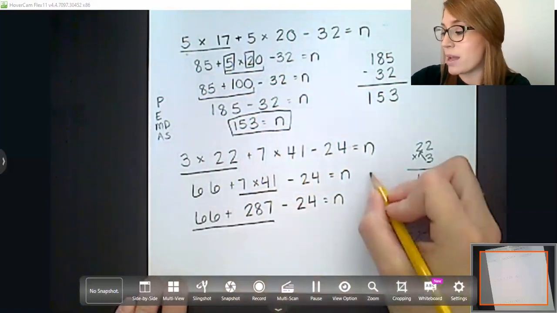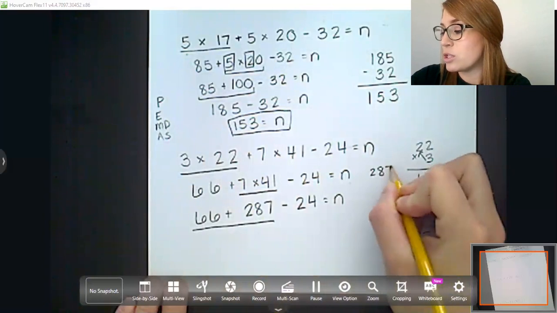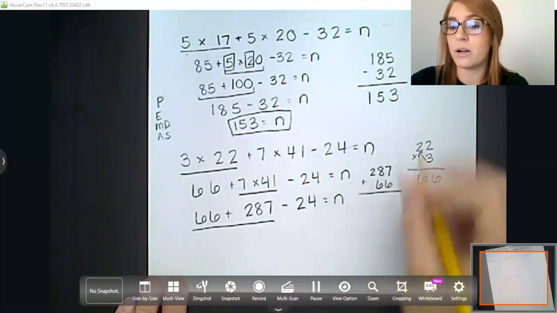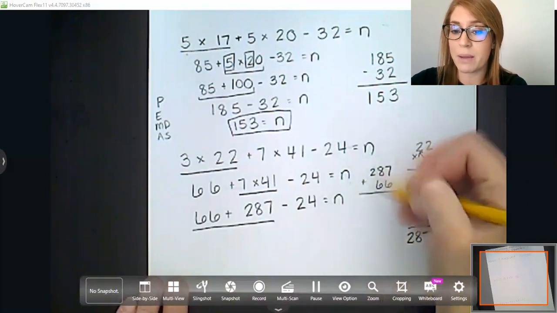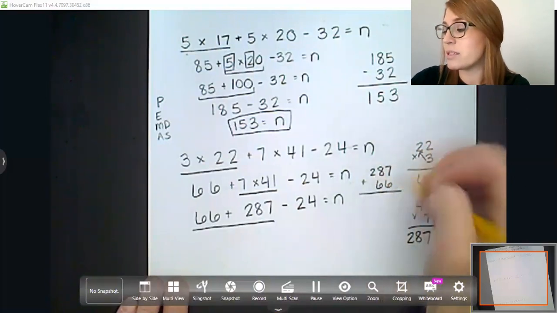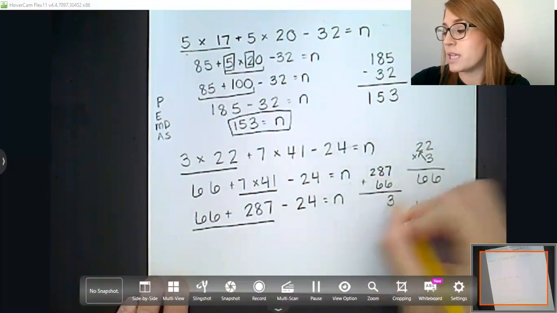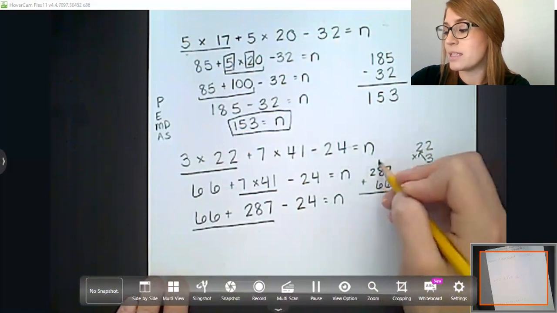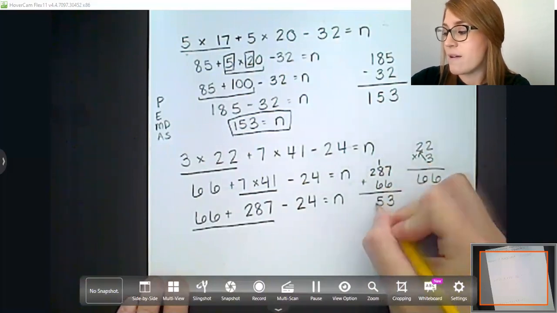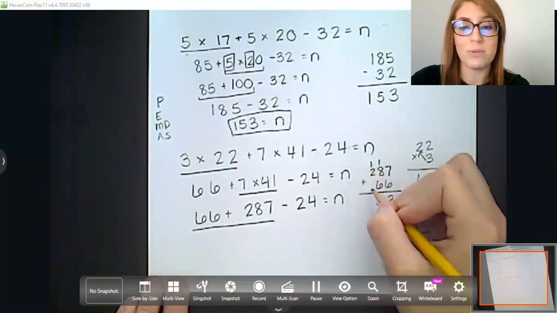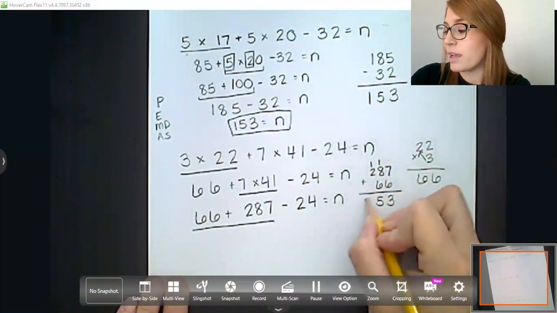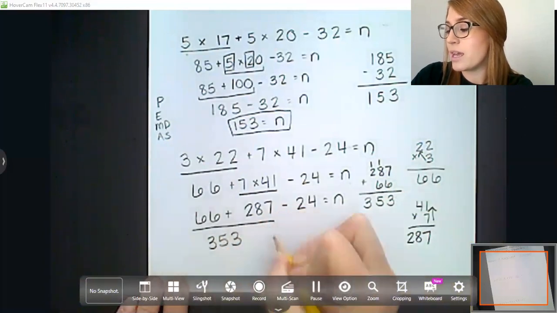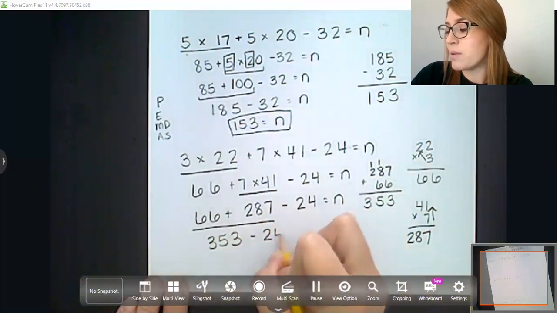So I'm going to come back over to my scratch work. 287 plus 66, making sure I'm lining up those numbers by place value. 7 plus 6, you should have gotten 13. Carry your 1. 1 plus 8 plus 6, that's 9 plus 6, which gives us 15, and then 2 plus 1 gives us 3. So you should have gotten 353. Copy down the rest of the problem.